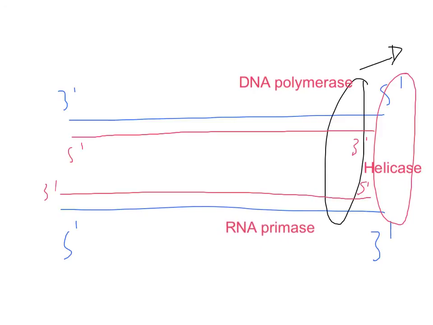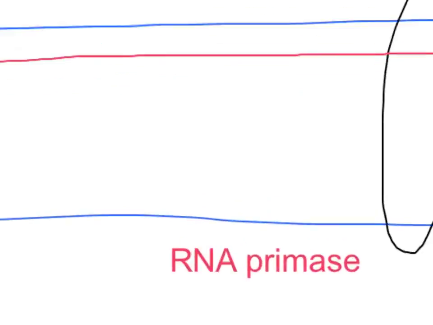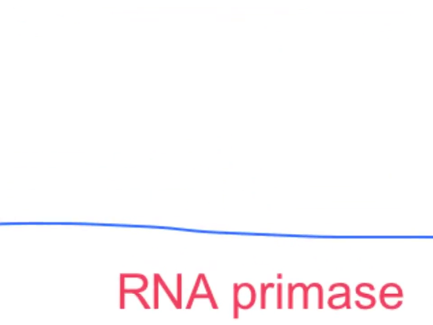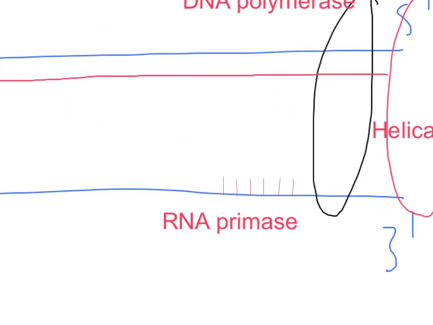And RNA primase basically has to, so before DNA polymerase can build from 5' to 3' in the opposite direction, RNA primase has to add on, let's say, 1,000 bases, like so, and then that gives DNA polymerase a chance to join on and then go backwards.